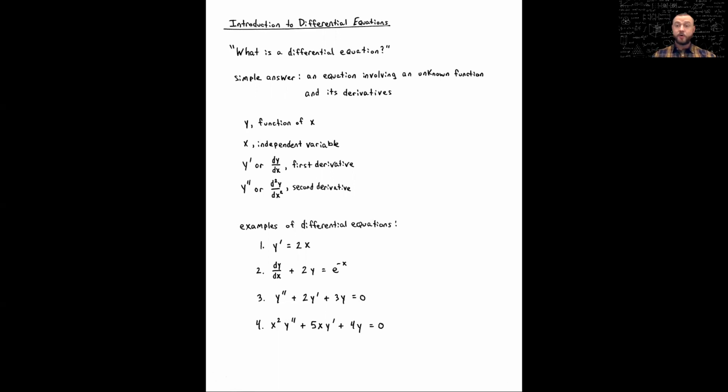But since our unknown is now a function, we're not solving for, for instance, x representing a number. We're going to try to solve for y, which represents some function of x. And that is our goal. So for differential equations, in our notation, we're simply going to try to solve for y.